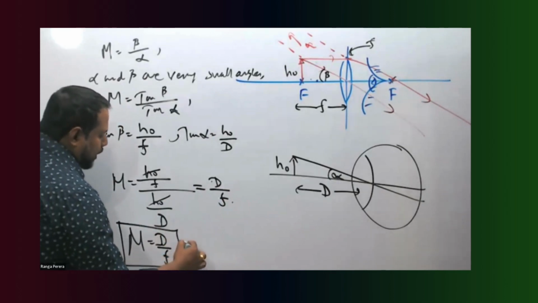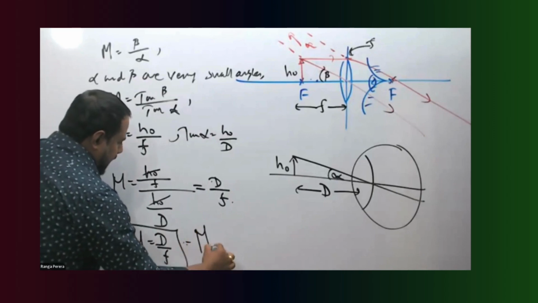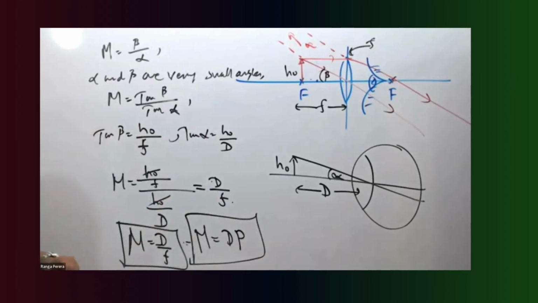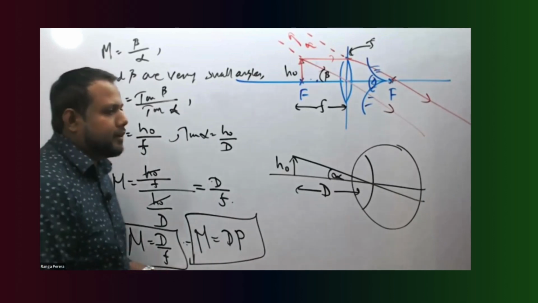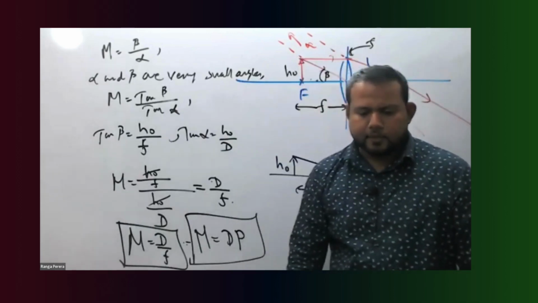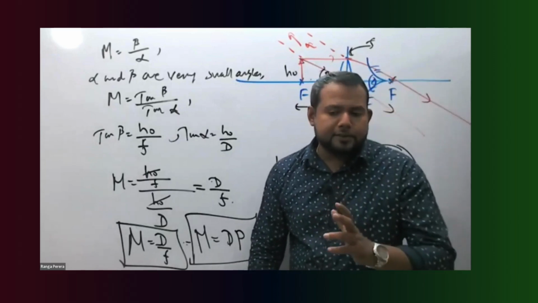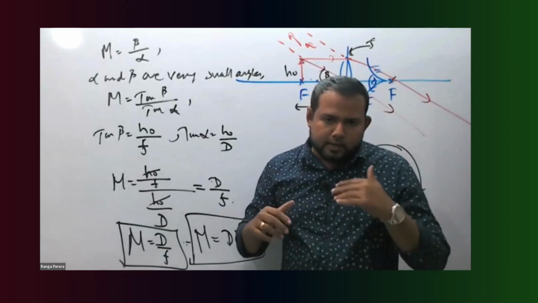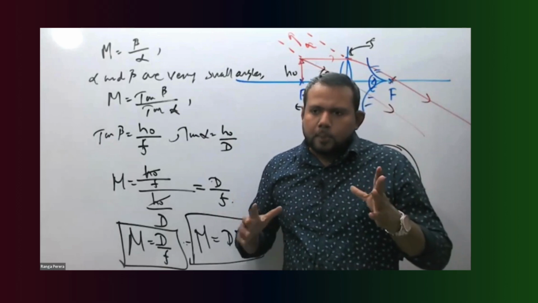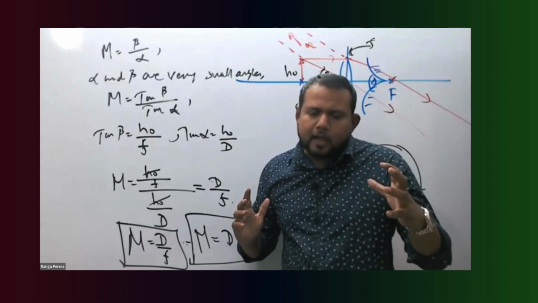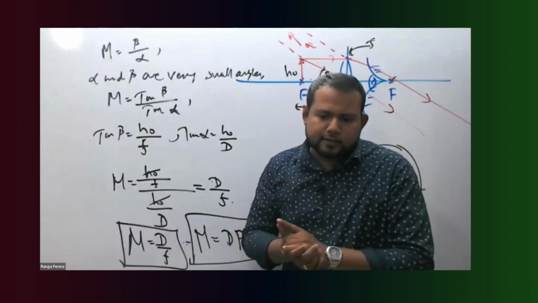It's a one relationship. Instead of f, somebody can write capital P. M equals dP. So out of the two magnifications, where do we get the maximum angular magnification? Either the normal adjustment or the abnormal adjustment. It is the normal adjustment, 1 plus dP, but here it is dP. Understood? So in a question, they could ask you, simple microscope is now at the maximum angular magnification. What is your answer?